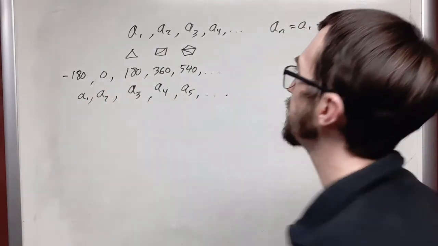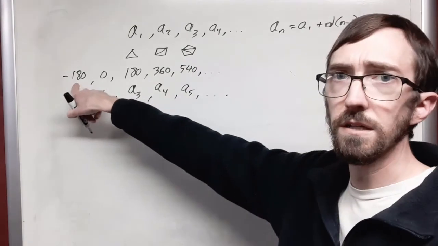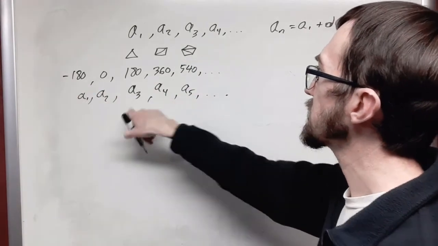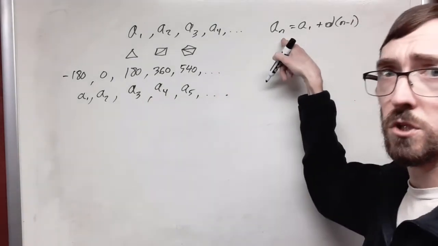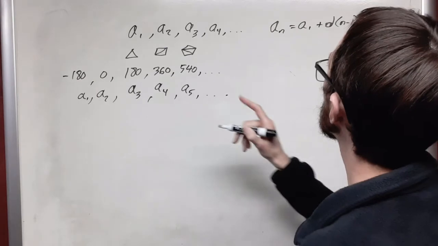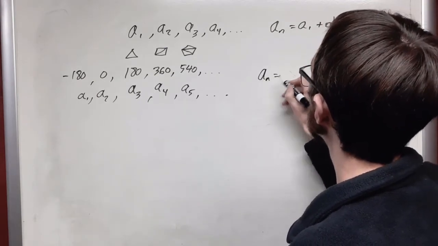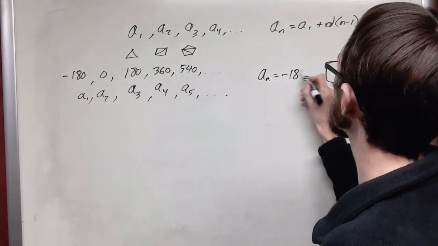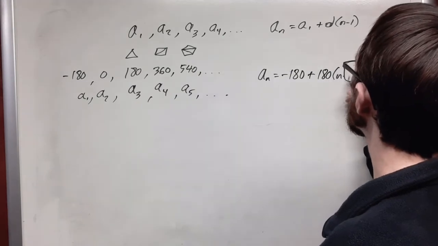So in my new modified sequence, my a sub 1 term is going to be negative 180 degrees, and then our subscripts starting with our triangle will line up with being the nth term. So plugging this new information in, the a sub n will equal negative 180 degrees plus 180 degrees times n minus 1.